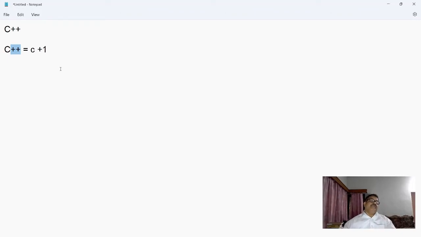I can say that the entire concept of C can be used in C++, but vice versa is not true. Why? Because C++ is a superset of C. Superset means all the attributes of C we can easily get in C++.